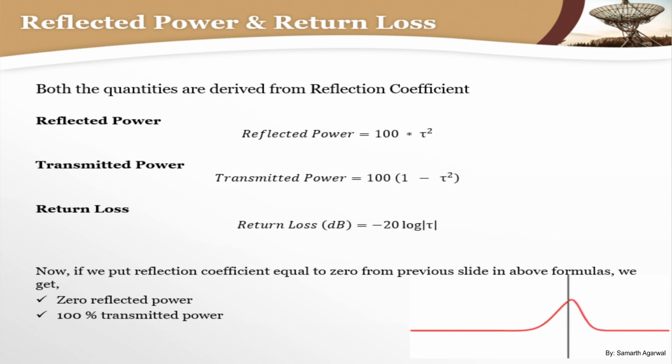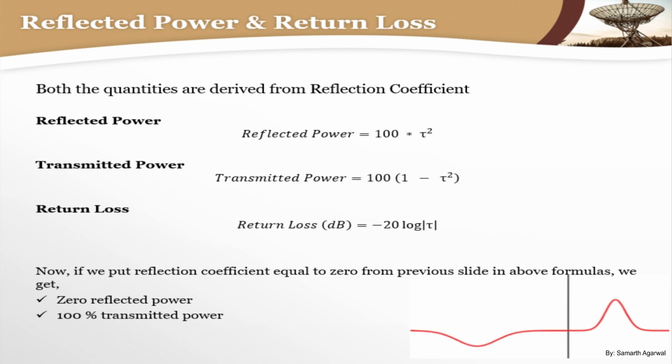Return loss is measured on a dB scale, and that's why it's minus 20 log tau. Since whatever we are feeding to the antenna is nothing but a voltage source, that's why it will have a 20 log. In case of current, it will be a positive 20 log, with no minus sign.